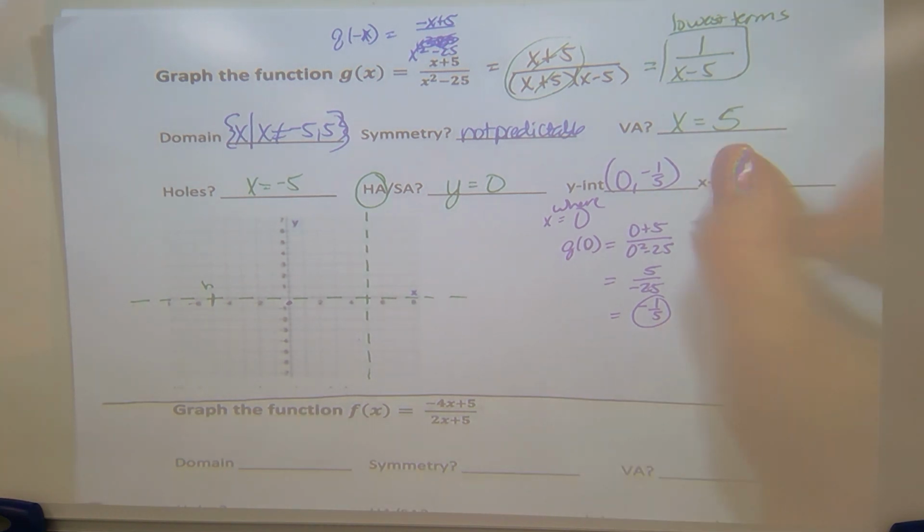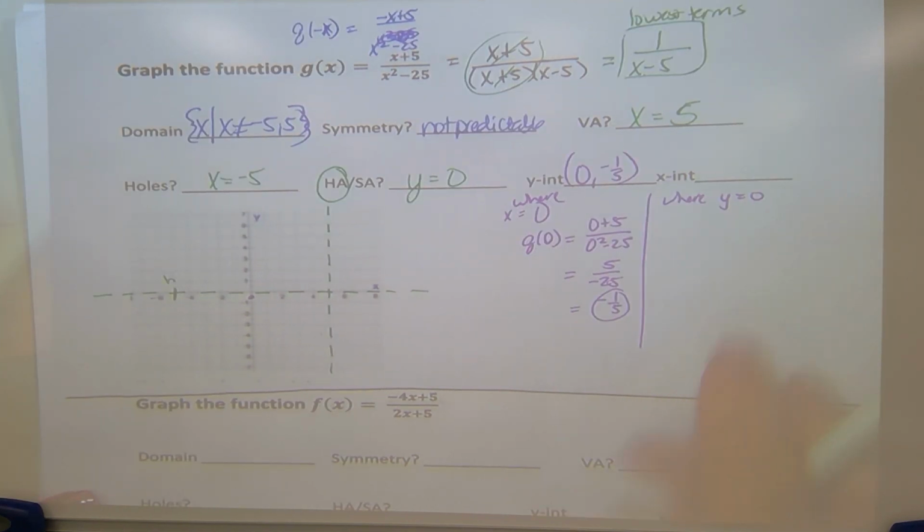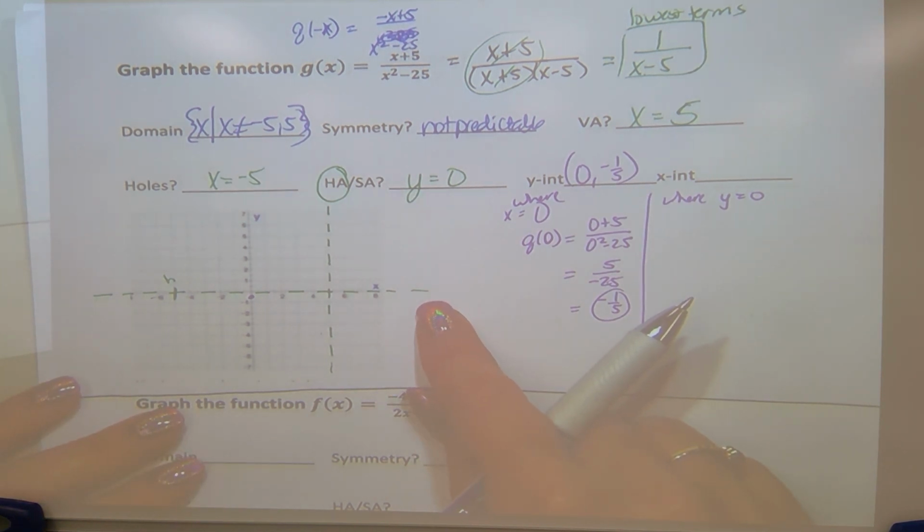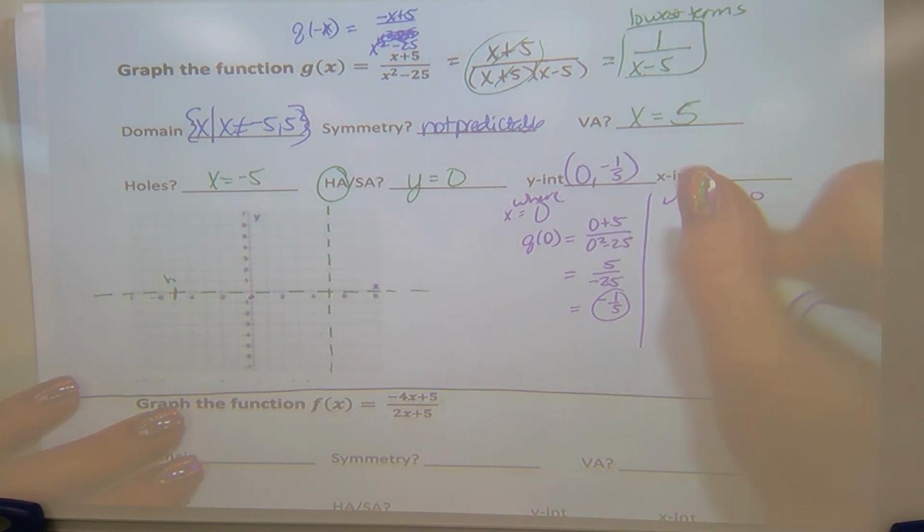The x-intercept happens where y equals 0. So let's find that x-intercept. Am I going to have an x-intercept? Probably not. Why do I say probably not? My x-axis is a horizontal asymptote, so I don't expect I'm going to have an x-intercept. But let's check it out.